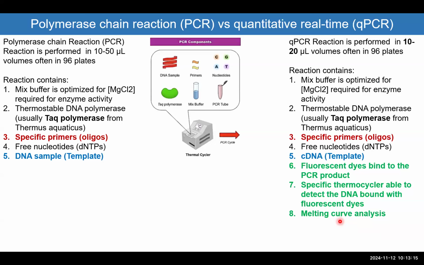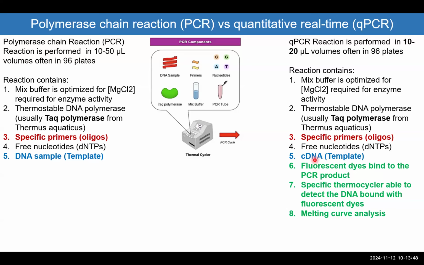Now, let's go back to the design of the qPCR primers, because last time we discussed that, and we discussed the differences between the regular primer and qPCR primer. The only difference really you have to take care of is that you are using your cDNA, which is the coding part of the gene.